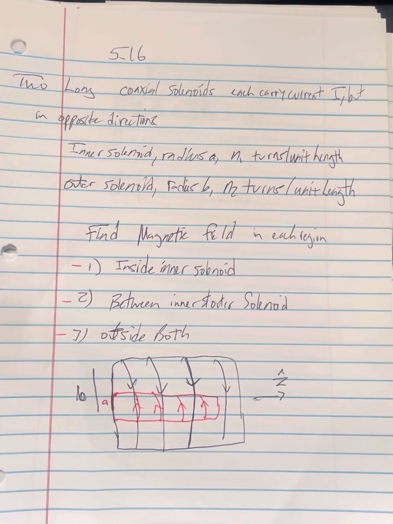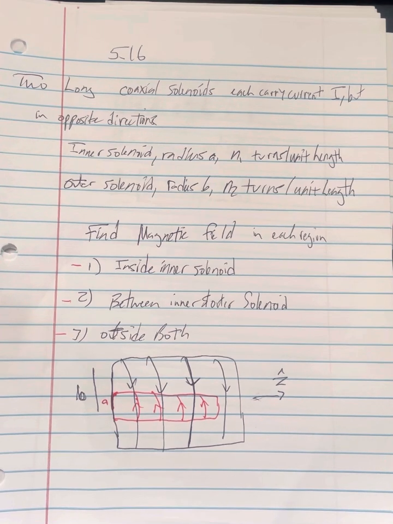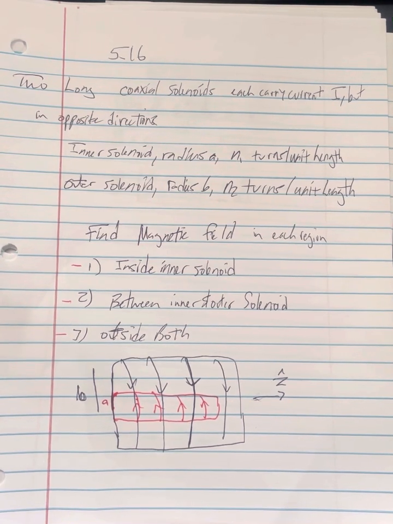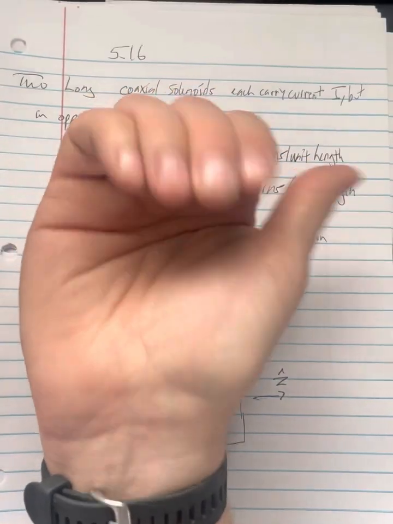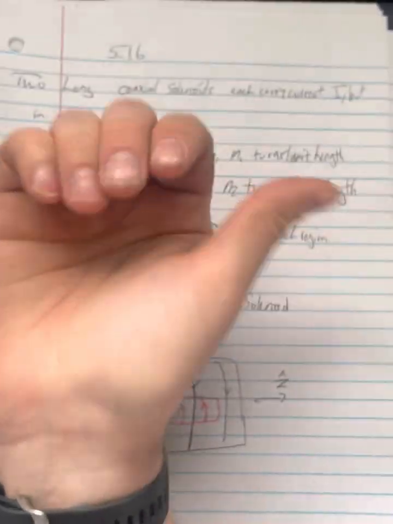So the right-hand rule says that for solenoids, we wrap our right hand around the direction of the current. For our outside coil, the arrow is pointing down, so our fingers are wrapping in the down direction, and our thumb points to the right. That's our direction of the magnetic field for our outside solenoid.